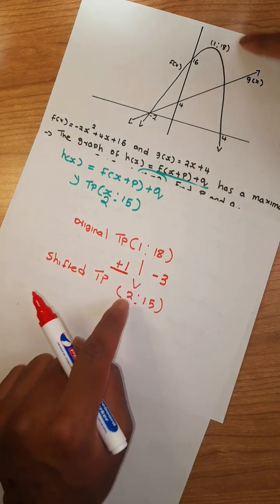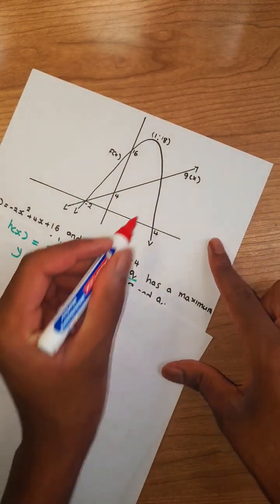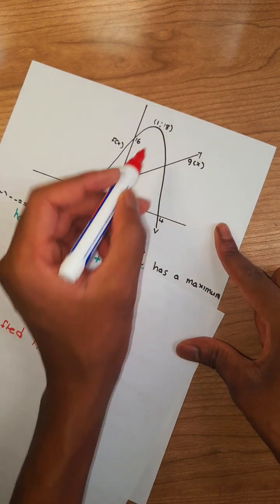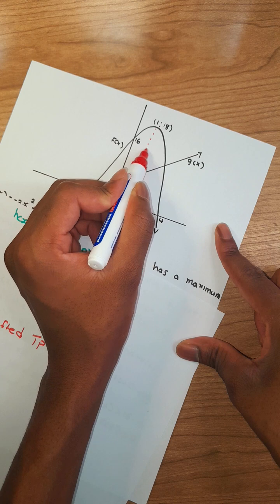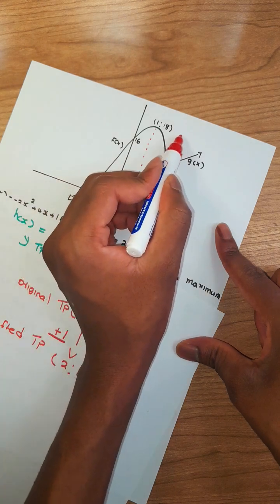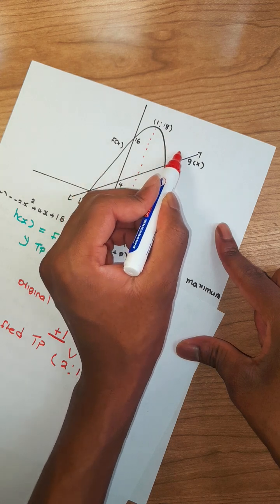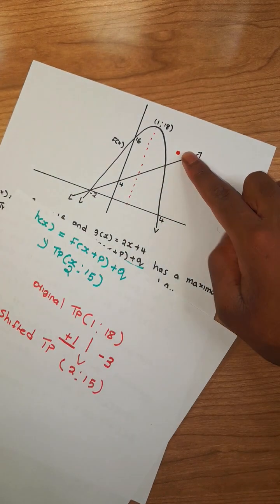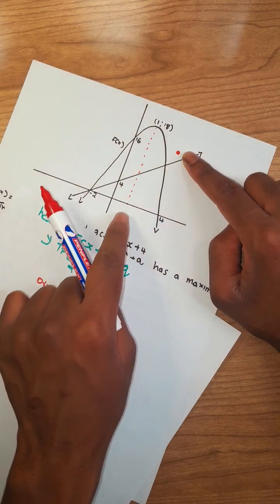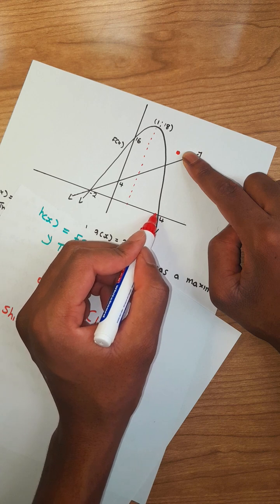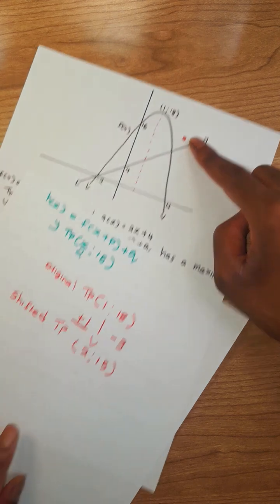If this is 1, we can say that 2 is somewhere here, and 15 is below, somewhere here. It means that this graph has shifted 1 unit to the right. Can you see it?